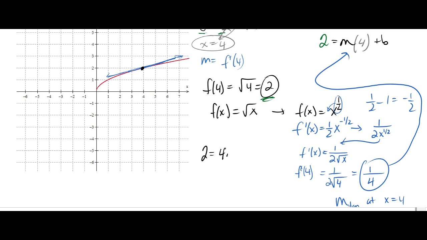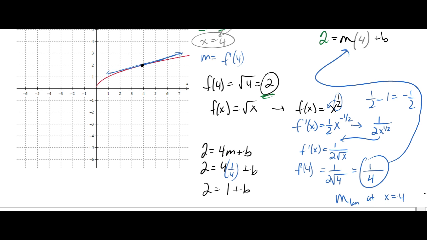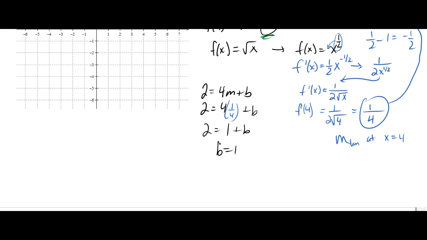We've got 2 equals 4m plus b. 2 equals 4 times 1/4 plus b. And 4 times 1/4 is 1. 2 equals 1 plus b, then b is 1. We already know that the m here is 1/4. So our final linear equation using the slope and y-intercept is y is equal to 1/4 x plus 1. The 1/4, of course, being the slope, and then this b over here being the y-intercept.